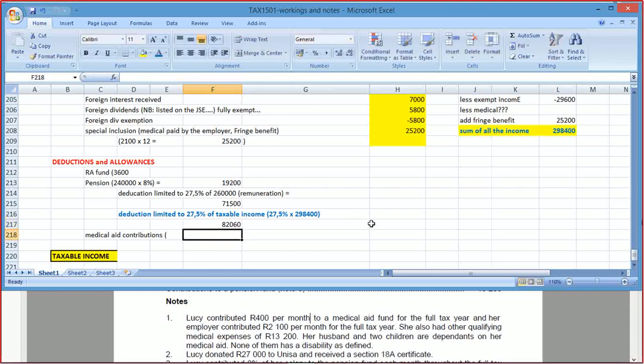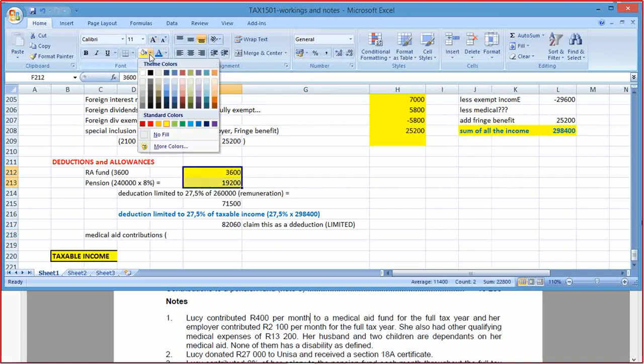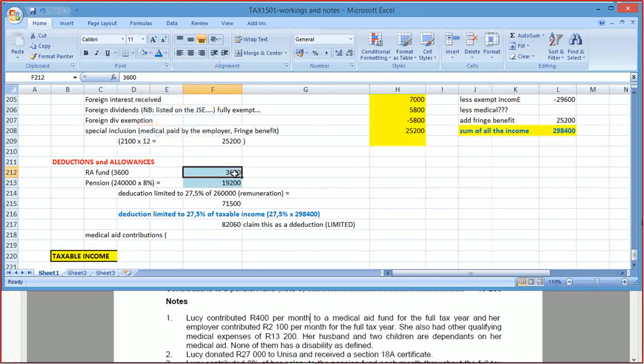Let's check. 298,400 gives me 82,060. So in terms of her pension, she would be able to claim this as a deduction, bracket limited, obviously.